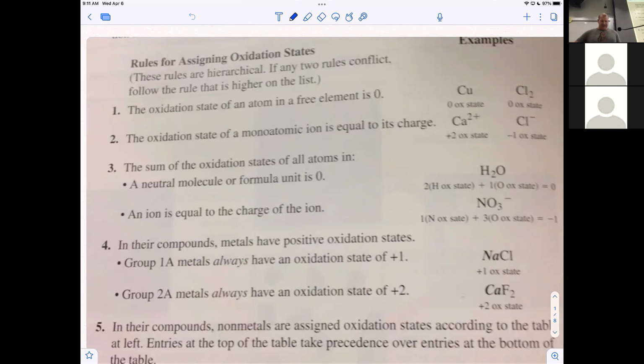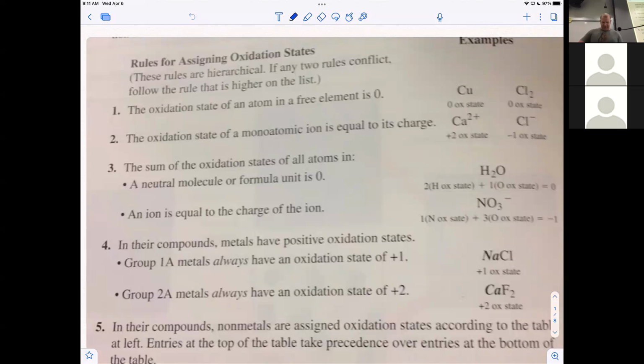And if it's an ion, the sum is equal to its charge. So for nitrate, nitrogen plus 3 times oxygen's oxidation state sums to -1, which is the charge of nitrate. And rule number 4, alkali metals in compounds are always +1.